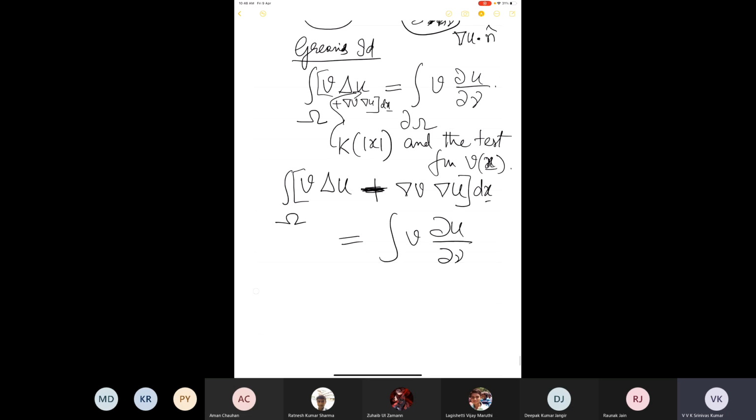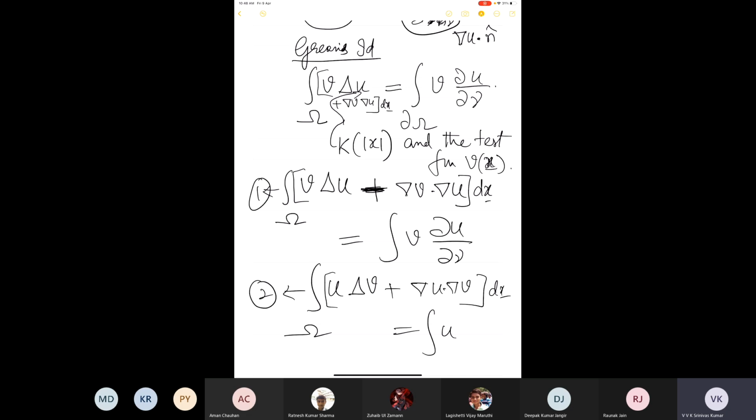Suppose now I have interchanged v and u. What is the second identity? Integral over omega u Laplacian of v plus again grad u dot grad v dx is equal to integral of u del v upon del nu.